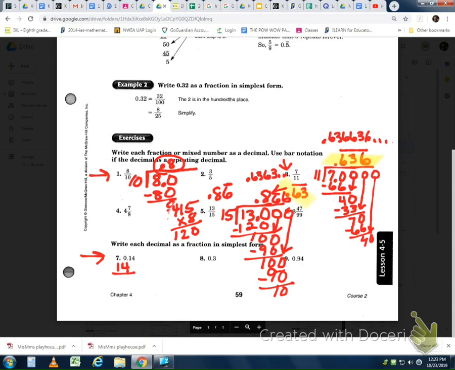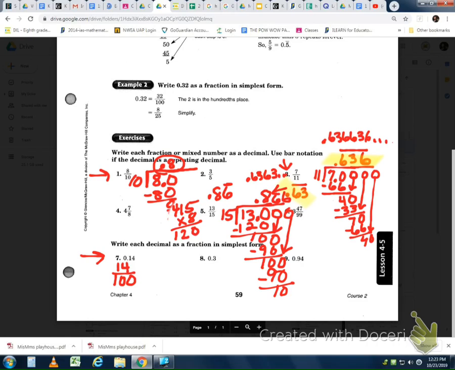How many decimal places are there, Michael? 2, so there should be 2 zeros. 100. Hundredths. 14 hundredths.